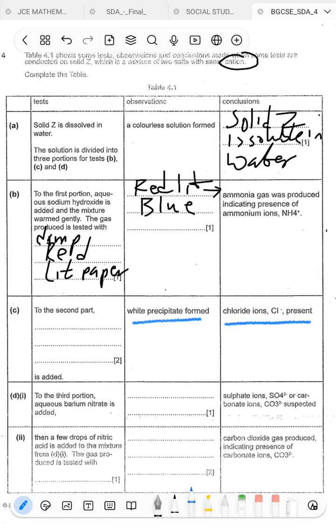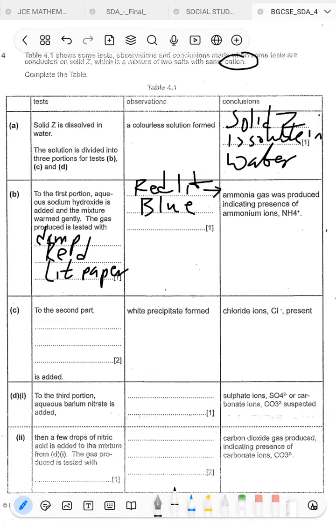Okay, that's the test. Acidified. What we acidify with is going to be nitric acid. Let me use the right pen.